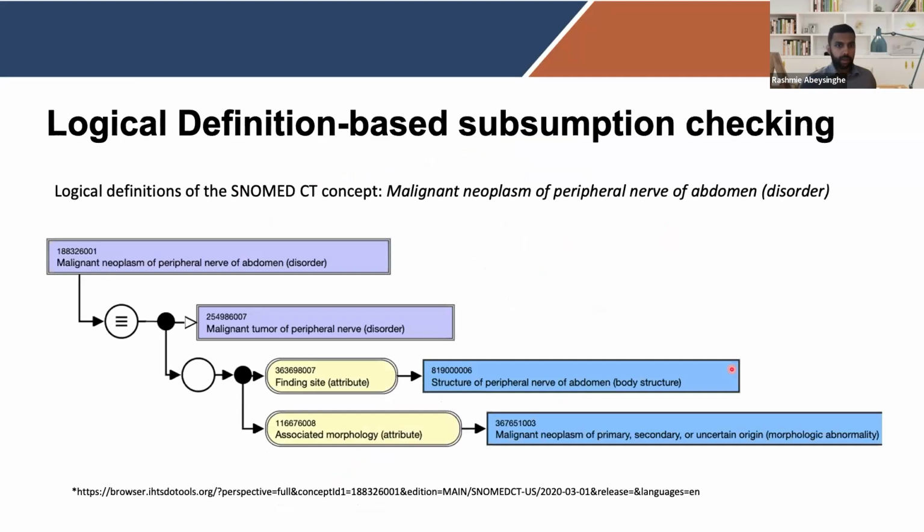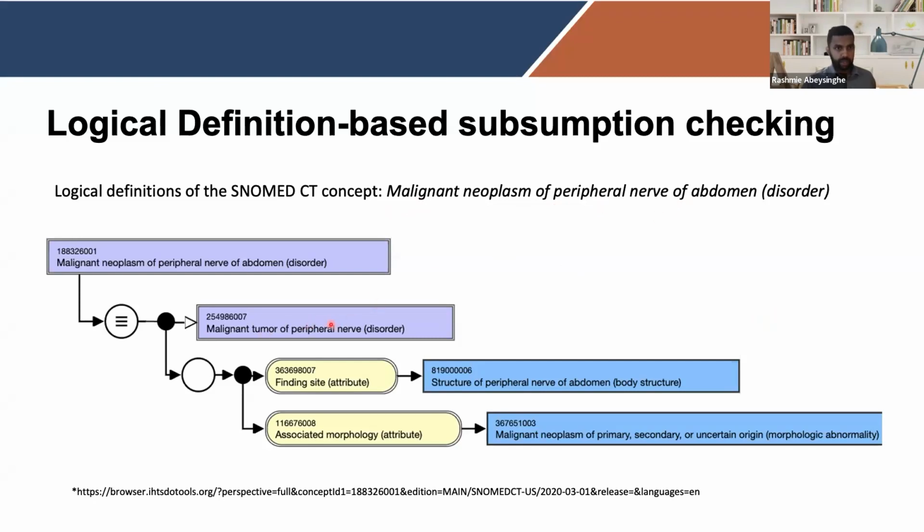So each SNOMED CT concept, and also NCIt concept, is logically defined with attribute value pairs, and attribute value pairs are actually grouped to avoid ambiguity in how they apply. For instance, these are the logical definitions of the SNOMED CT concept malignant neoplasm of peripheral nerve of abdomen.